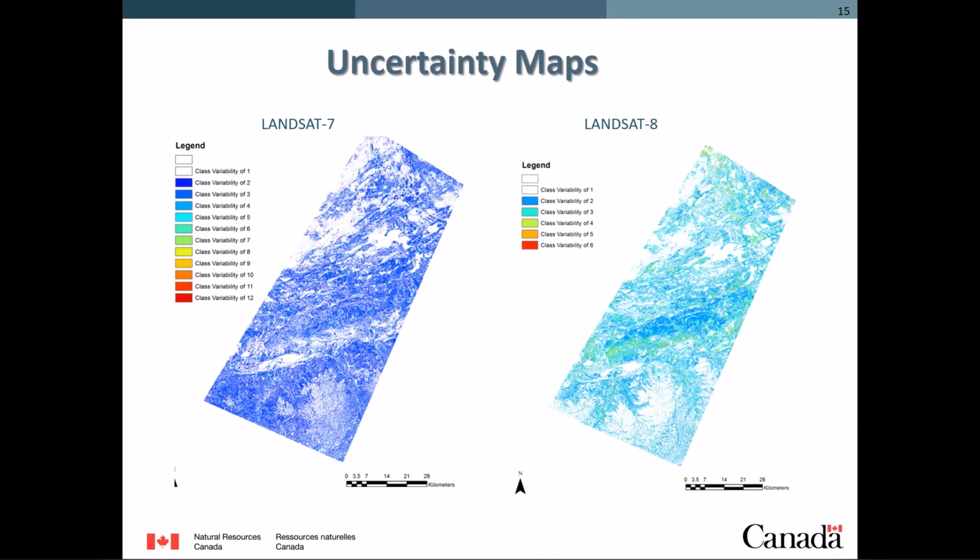And you can see the cool colors here, most of our variation is fairly low in the cool colors. We don't see many reds or oranges, and the same goes for Landsat 8. You see some that has class variability of 3. But this is an uncertainty map that comes as a companion map of the other maps that I showed you. And you can use this uncertainty map in various ways, which I'll show you shortly.